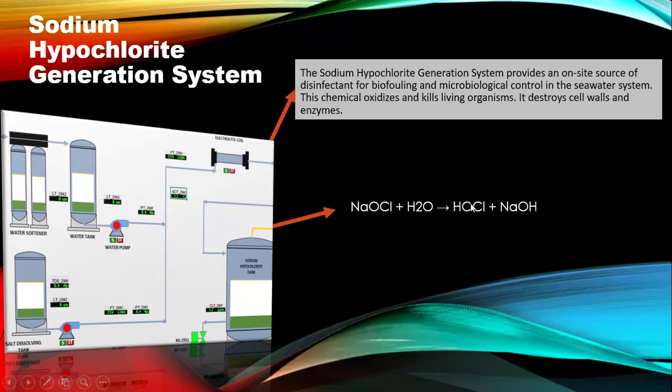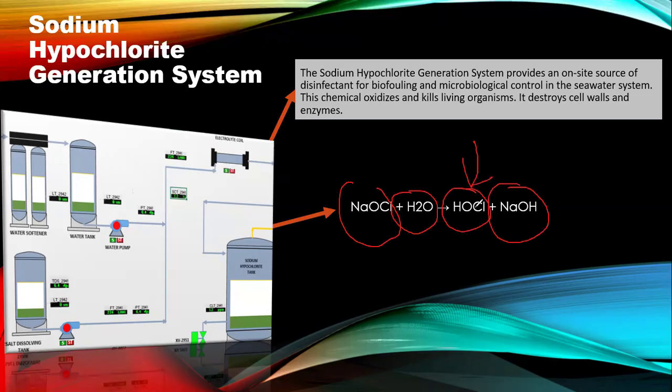From this you can see the reaction that occurs between the sodium chloride and your water to form hypochlorite and then your sodium hydride. So this is the hypochlorite that is used to carry out the disinfection. This is the chemical we need here, and this is the reaction that actually takes place.